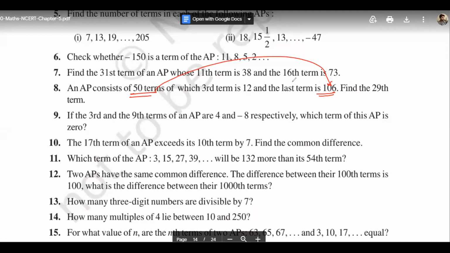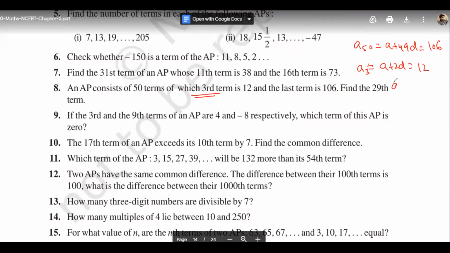Find its 29th term. बिल्कुल exactly बिल्कुल same ऊपर जैसा ही क्वेश्चन है, जिसमें आपको दो टर्म गिवन हैं. A50 will be equal to A plus 49D, आपको गिवन है 106, और इसी तरह से थर्ड टर्म will be equivalent to A plus 2D, and that is equal to 12.